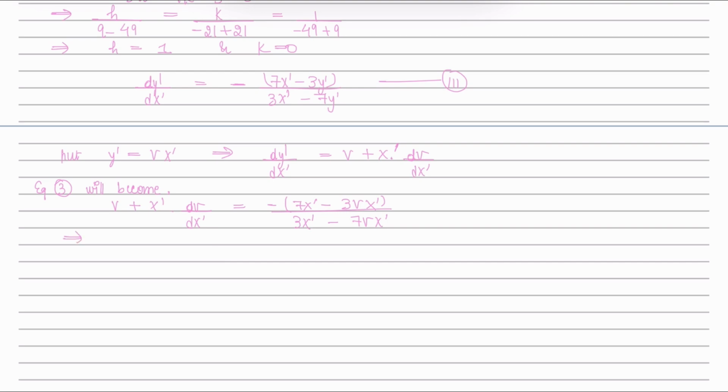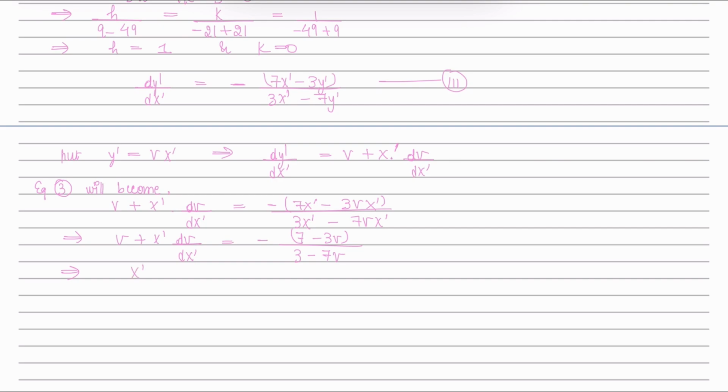After simplifying, this will be v plus x dash into dv by dx dash is equals to minus of (7 minus 3v) whole divided by (3 minus 7v).